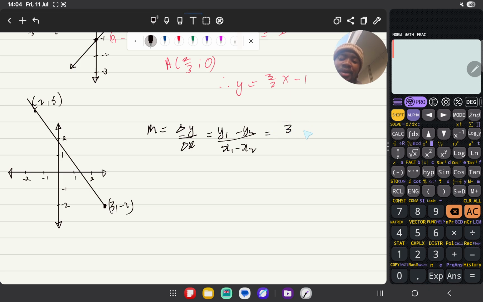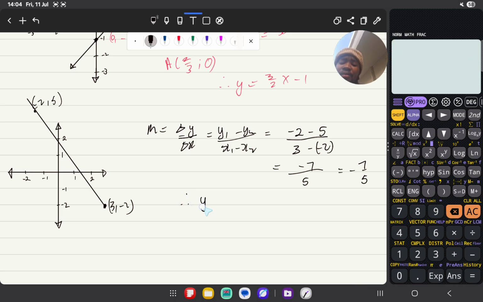Then I have 3 minus, no, -2 minus 5, and then 3 minus -2, which gives -7 over 5, right? Therefore that is your gradient, -7 over 5. And it makes sense because our gradient is decreasing. Remember, decreasing, it's always like this, right? So it is a decreasing function.